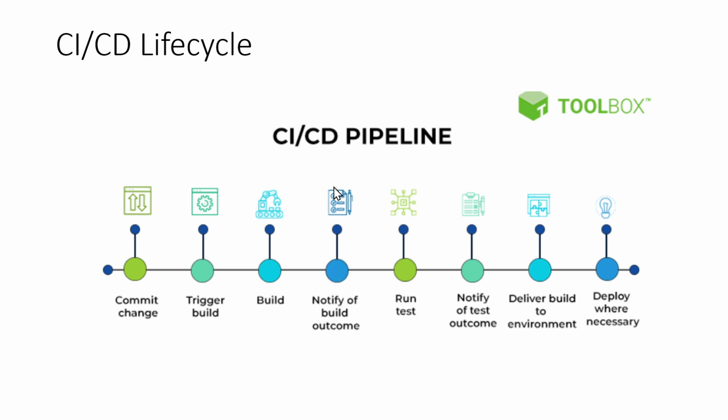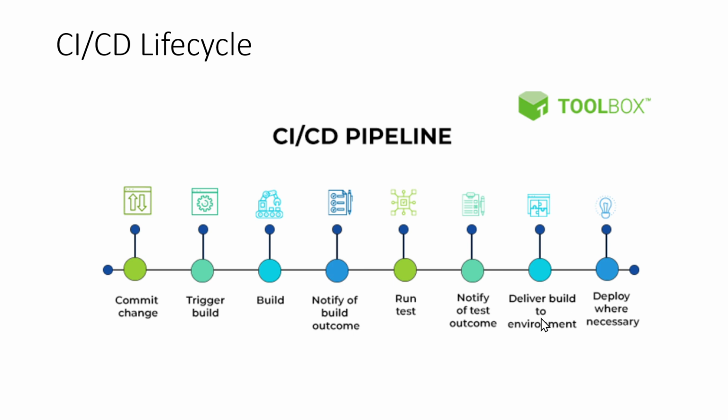If there is an error, it reverts back here itself and notifies the developer. If it passes, it moves to the next step and tests the application. Once the tests pass with the documentation, even the documentation is prepared by the software itself: what exactly happened, what test cases they came across, everything. Okay, so it notifies the test outcome, and once it has passed, it delivers the build to the environment.